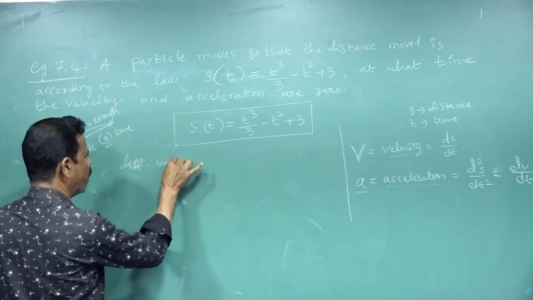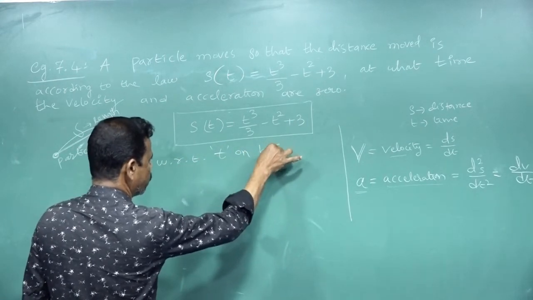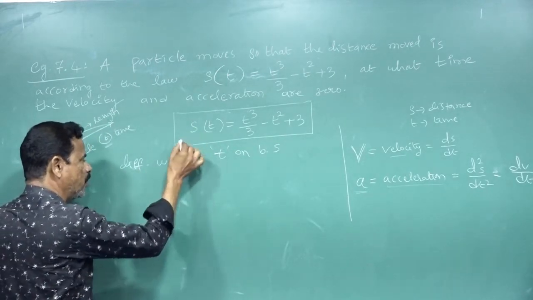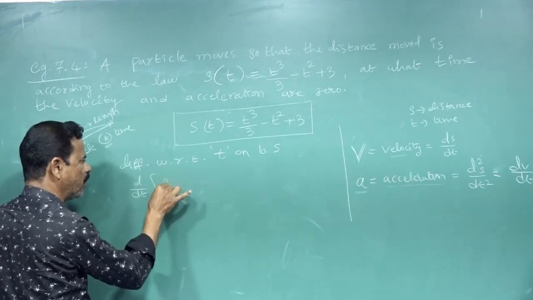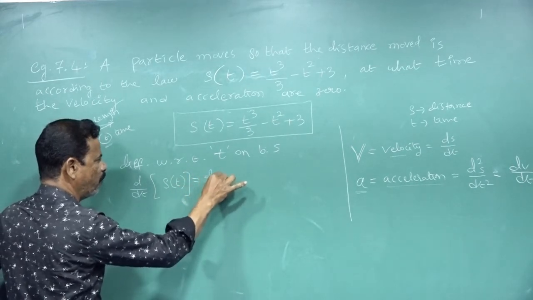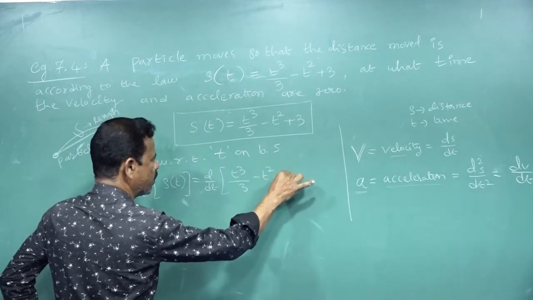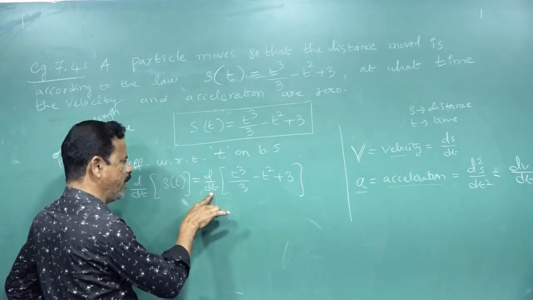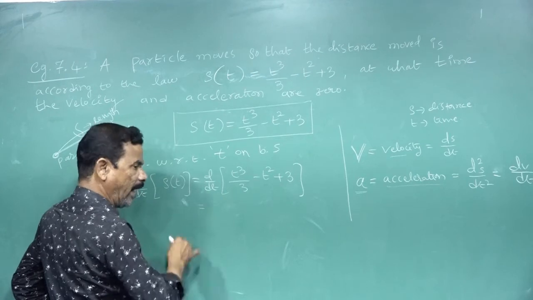Differentiating with respect to t on both sides. After this, what will come? d by dt of the function s of t equal to d by dt of t cube by 3 minus t square plus 3. Now this d by dt is applicable to each term directly.